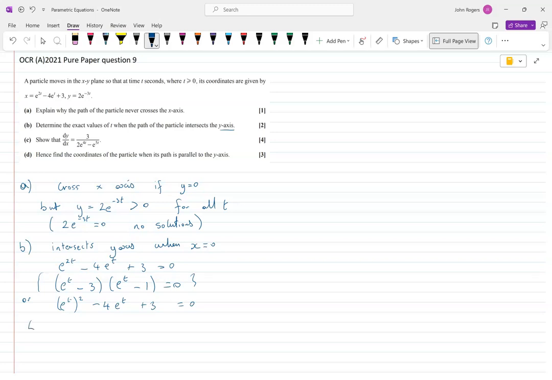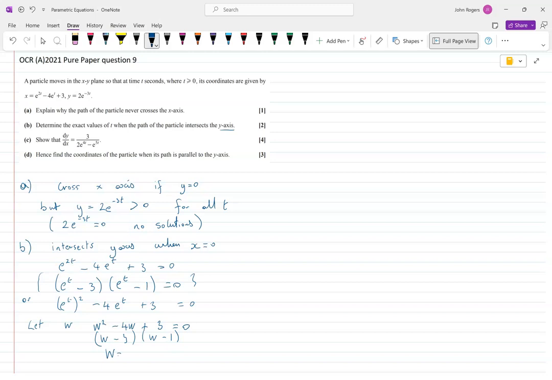And then let e to the t be equal to some value. I wouldn't let it be x or y because they're used in the equation. So maybe w, it doesn't really matter. So it's w squared minus 4w plus 3 equals 0. So w minus 3 and w minus 1 equals 0.